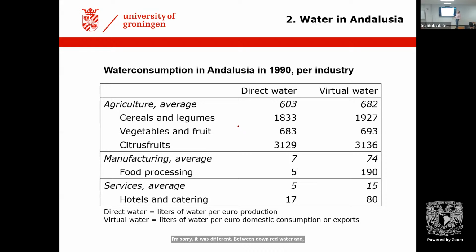Because food processing basically is processing food, and the food comes from here. So a lot of water is not directly in the industry, but is in the products that they are processing. And that is taken into account here. And same here. So this is basically the showers. This is basically the restaurant and hotels, the food. The large differences between direct and virtual.